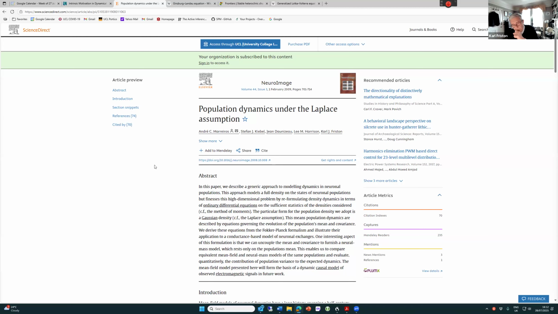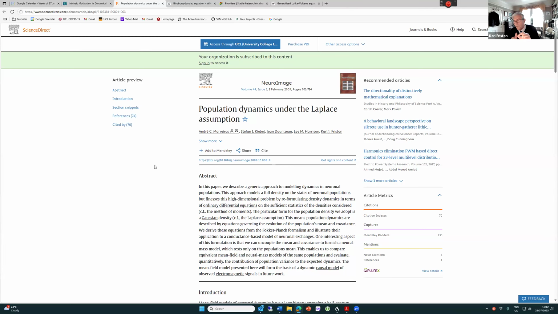Into the equations of motion. But there's another subtle way in which you could include it if you wanted to, and that's by modeling the mean field under the Laplace approximation, or under the assumption that the density dynamics of your neural population have a Gaussian distribution.